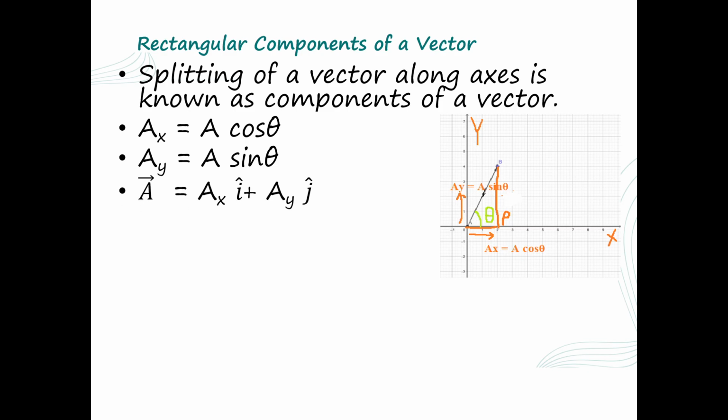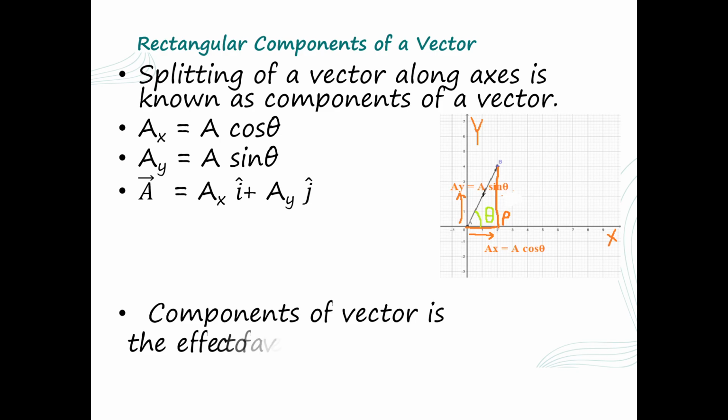So vector A is equal to AX i cap plus AY j cap. Components of a vector is the effect of a vector along axis.